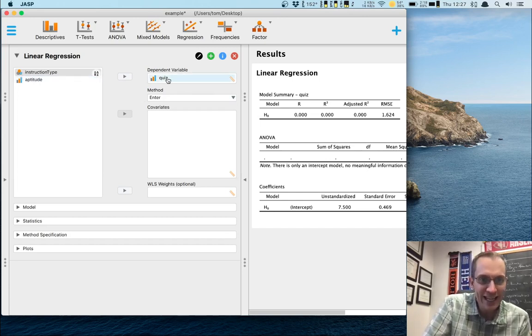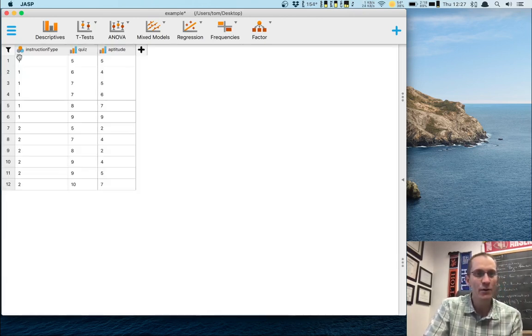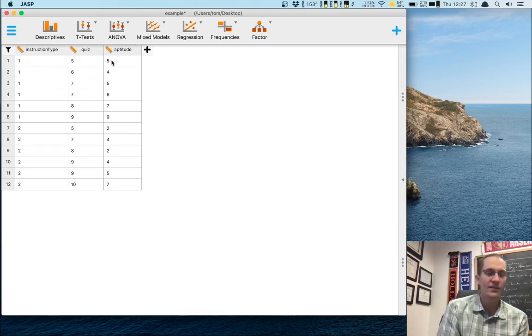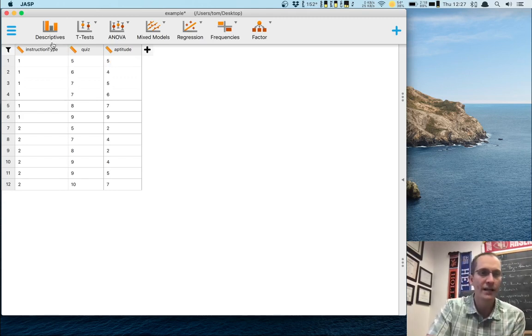What I actually need to do for this step, and for this step alone, is go to the data itself and change the variable types all to scale. That's going to make things make sense for the linear regression, and then we're going to go back and change it in a second to do the ANCOVA. But for the linear regression step, we need to make sure that these are all scale variables.